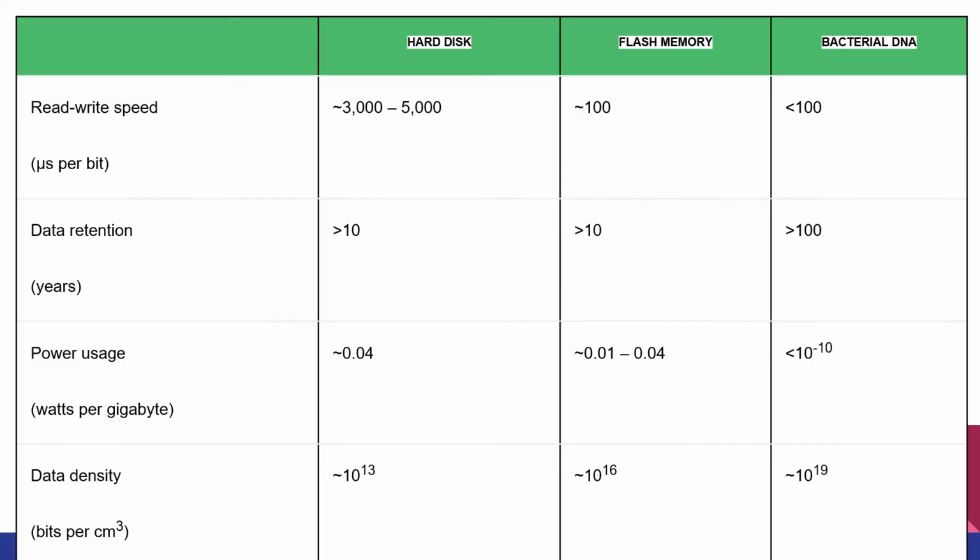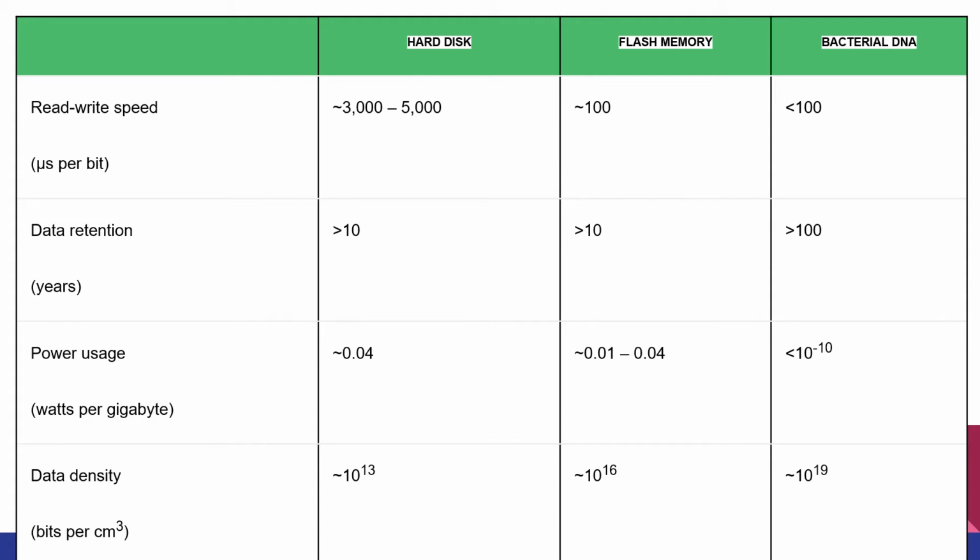Now, here is a comparison between various storage devices versus DNA. Now, read and write speed of hard disk is around 3000 to 5000 microseconds per bit. In flash memory, it is 100 microseconds per bit and less than 100 microseconds per bit in DNA.